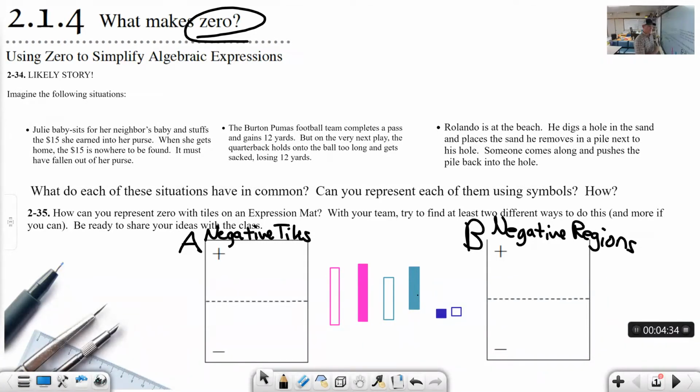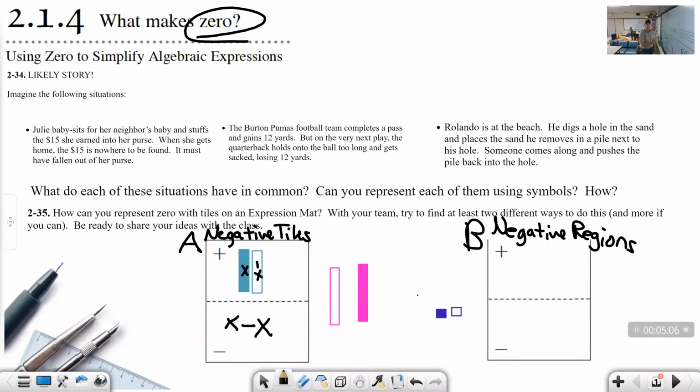So if those are the basic premise, negative tiles, negative regions, how do I build that? Well, let's go ahead and grab a positive tile and grab a negative tile. I want you to draw a shaded x tile and a negative x tile, unshaded, and this is going to give me x minus x.